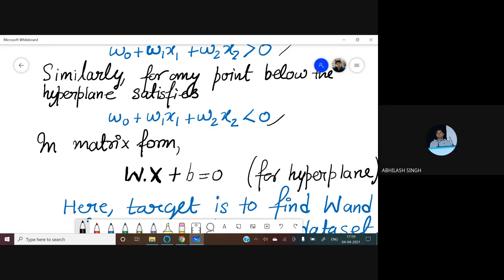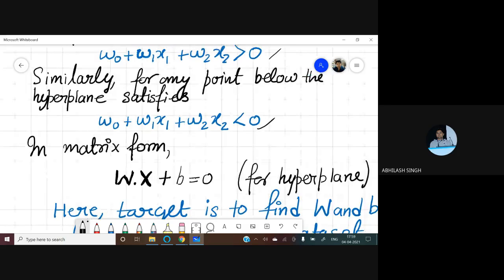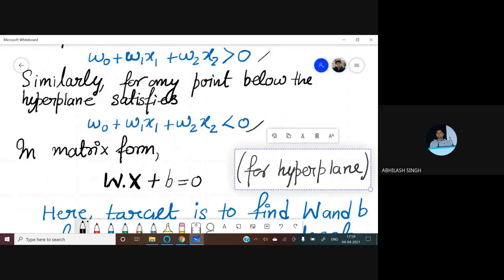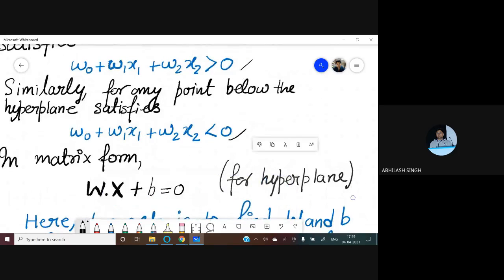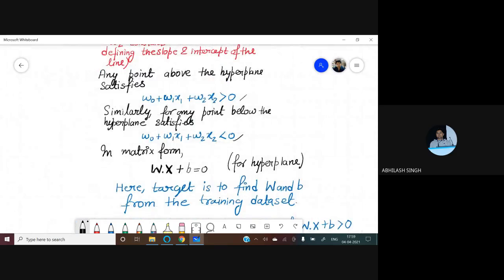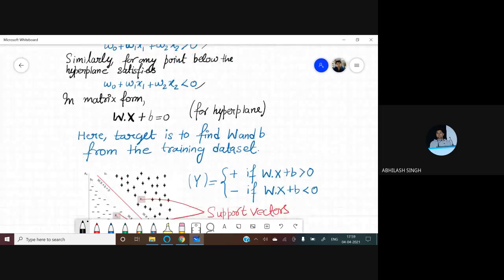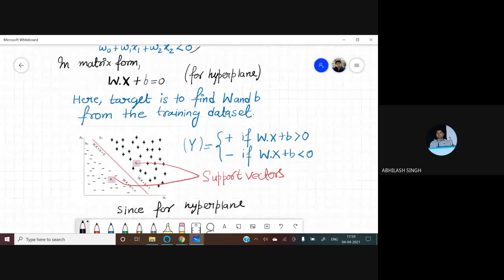This is what we will be using throughout this session, because it is in compact form. So what is our aim? Our aim is just to find w and b from the training data set.